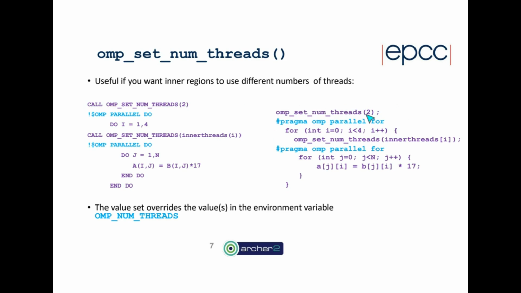You also need to be careful about hard coding. This is bad practice, to hard code thread numbers like this because it overrides OMP_NUM_THREADS. I've seen cases where somebody's done that, not necessarily for nested parallelism, but just to set the number of threads.